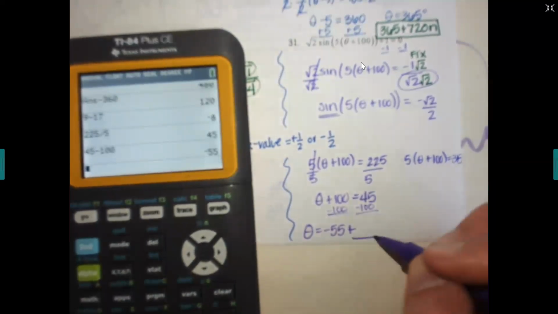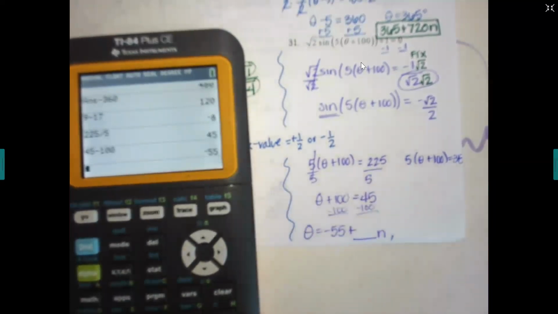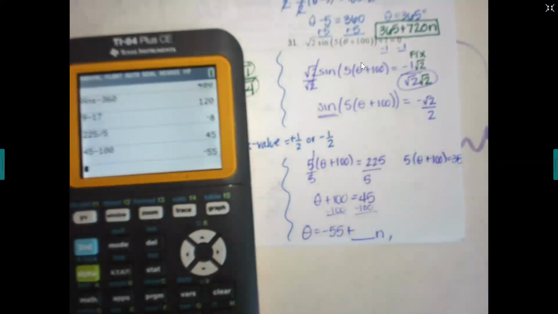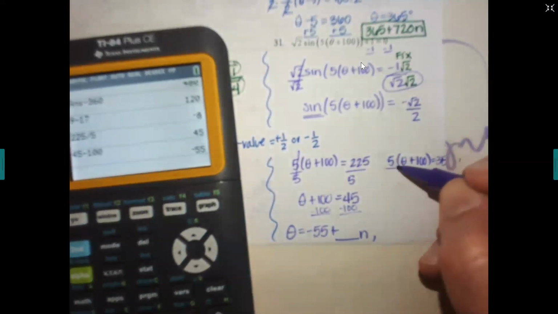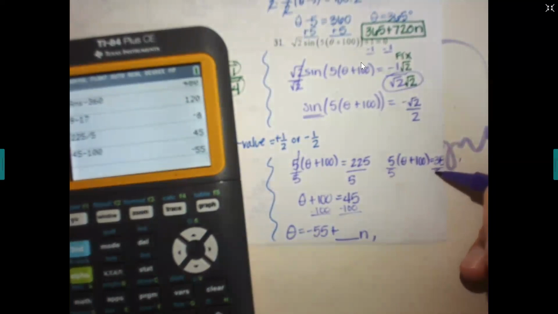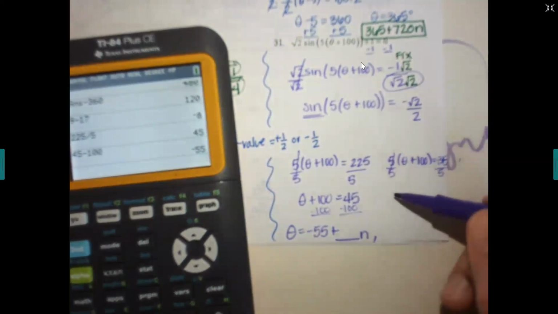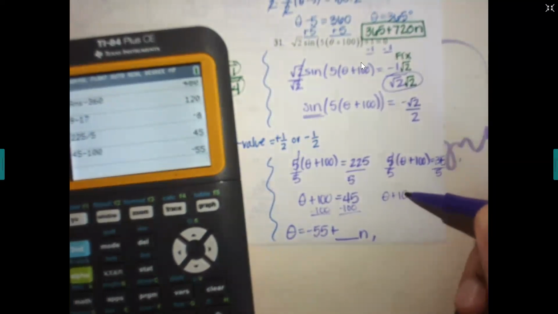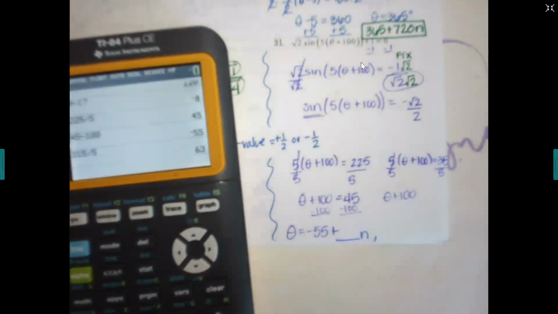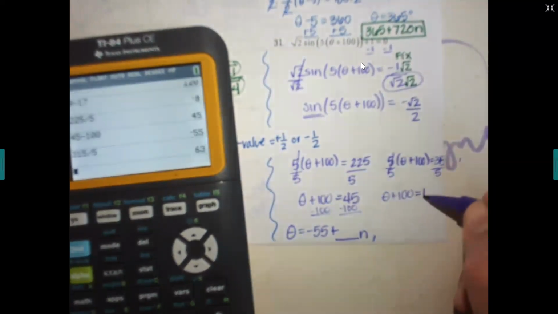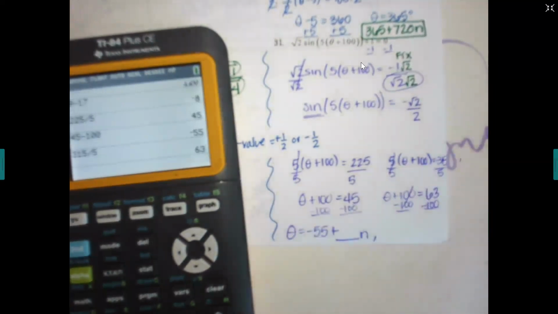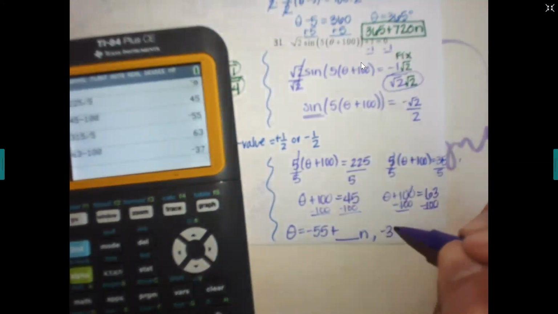Now I'm going to put plus blank n, and then let's write the second one. Okay, so first thing I'm going to do is divide by 5. So I have theta plus 100 equals 315 divided by 5 gives me 63, and then minus that 100 across. So 63 minus 100 gives me -37 plus blank n.